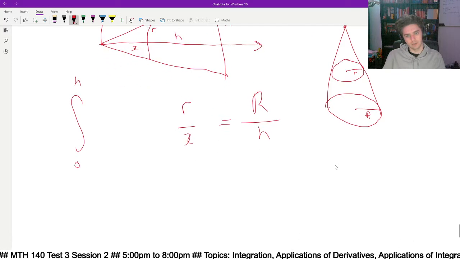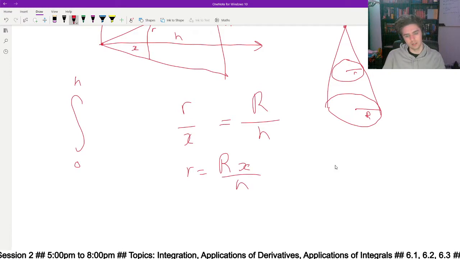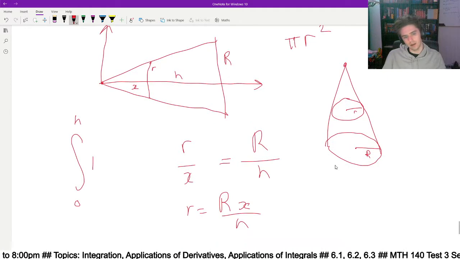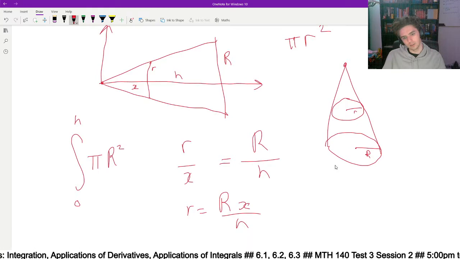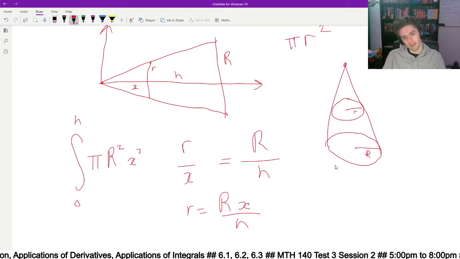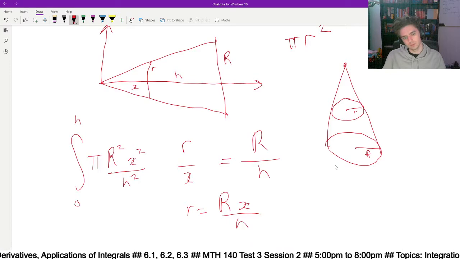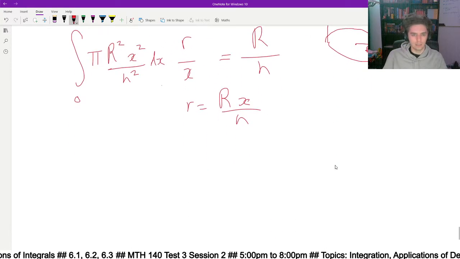I can rearrange this for r. So r equals big R x over h, right? And so now I can plug that into here. So the area of one piece is pi big R squared x squared over h squared dx.